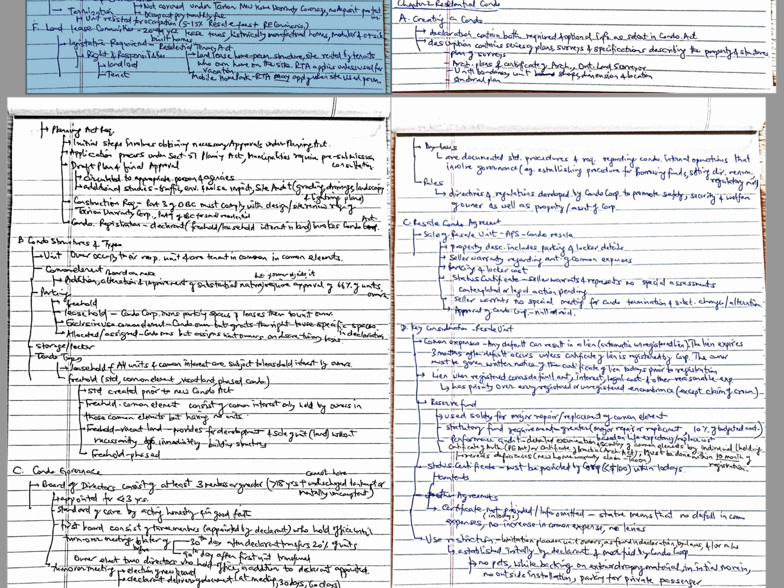The seller gives consent to obtain a status certificate by acknowledging that the condominium corporation may have entered into a management agreement. The seller represents and warrants that no special meeting has been convened for condominium termination or any substantial changes or alteration. The agreement is null and void if approval is not given by the condominium corporation.